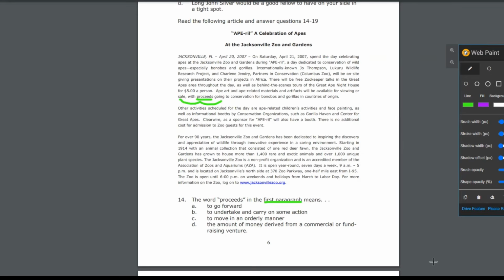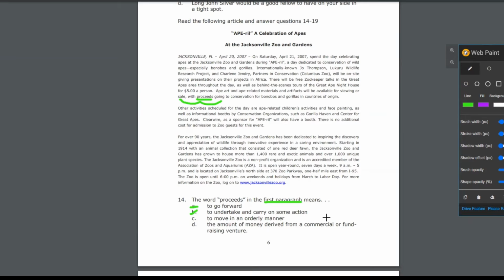So if we look at the actual answers, the first option is to go forward. So we know normally, like if I proceed to a destination, I'm going forward, but that's not how it was used, right? These proceeds were in reference to what? To money. So I know that's out of the window. B, to undertake and carry on some action. So again, the context of the question, it doesn't go with what we're speaking about.